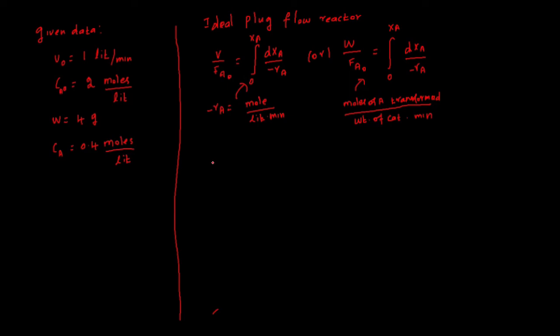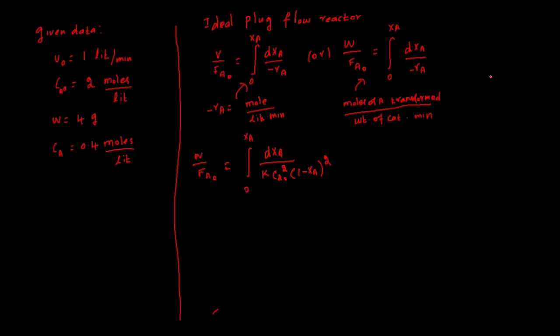Let me simplify the above equation according to our need. W divided by Fa naught. Given problem is a second order reaction. Therefore, I can write integral 0 to Xa dXa divided by k into Ca naught power 2 multiplied by 1 minus Xa power 2.